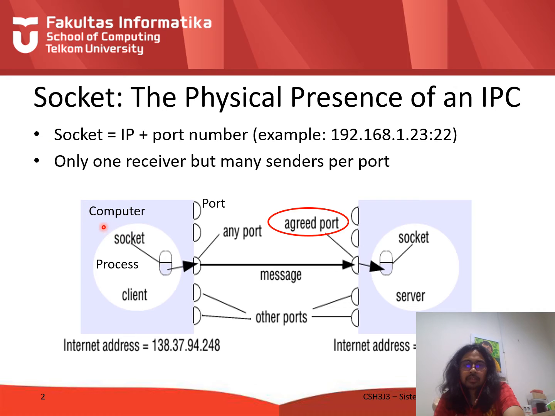Here, in the last video, we discussed that the square is the computer and the oval is the process, and this is the socket, which is a capsule shape. The bumps here are the ports, and the port is a number, which we have discussed.